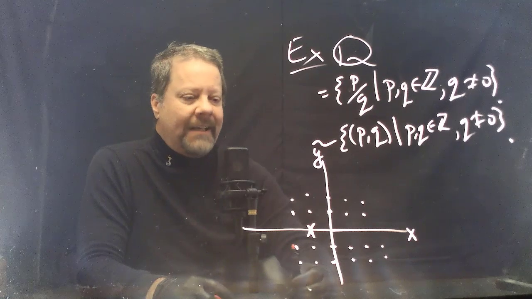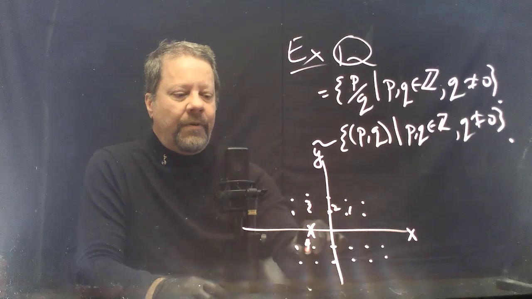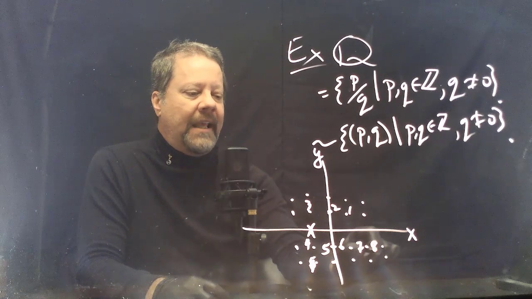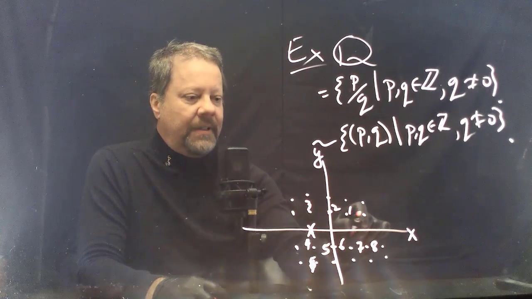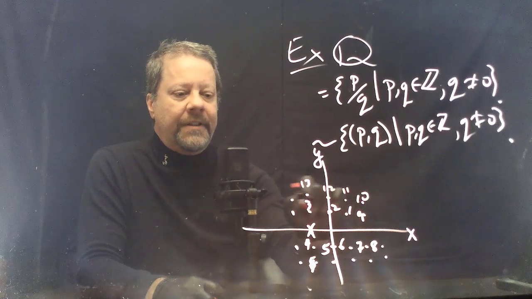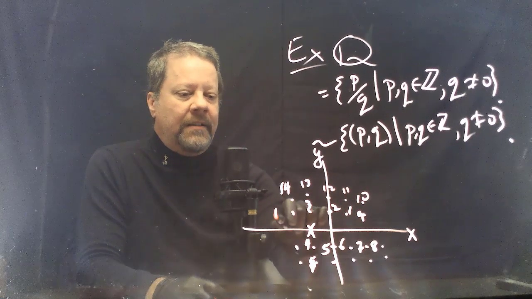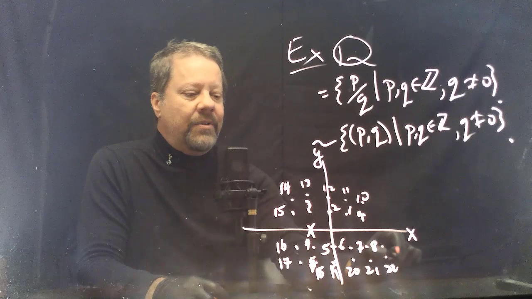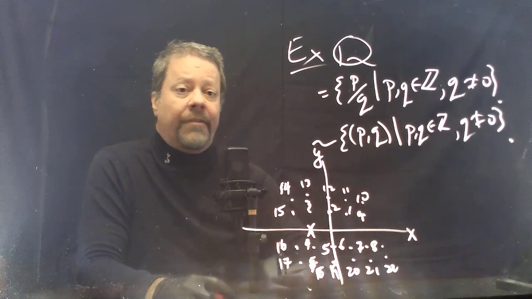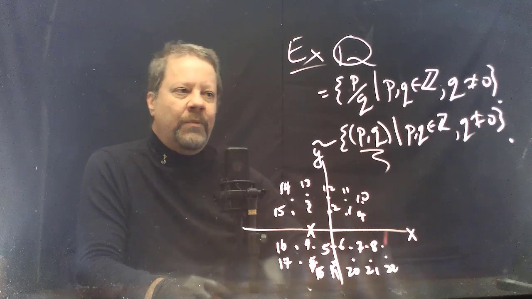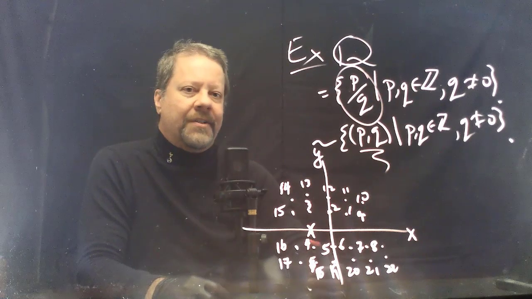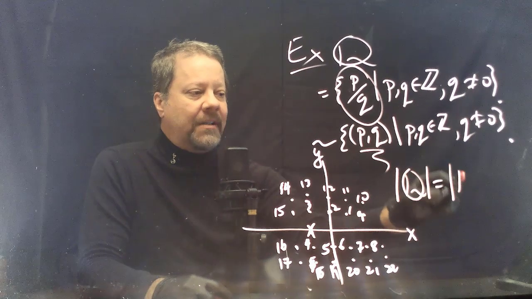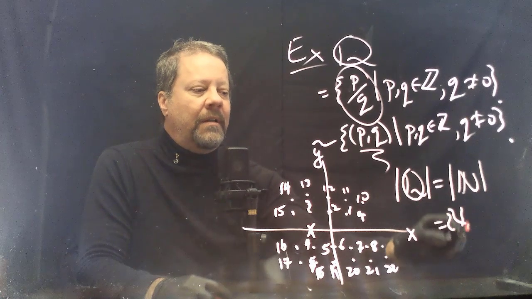And we can do that by counting them off: 1, 2, 3, 4, 5, 6, 7, 8, 9, 10, 11, 12, 13, 14, 15, 16, 17, 18, 19, 20, 21, 22, and we can keep on going around, spiraling and covering every single point of this form, which will correspond to every single fraction. We deduce then that the cardinality of the set of rational numbers is the same as the cardinality of the set of natural numbers, or aleph naught.